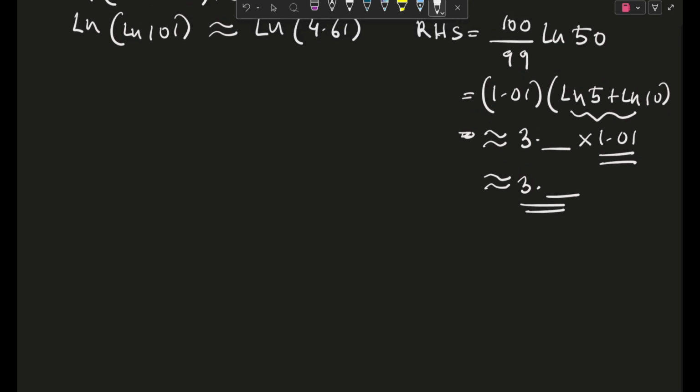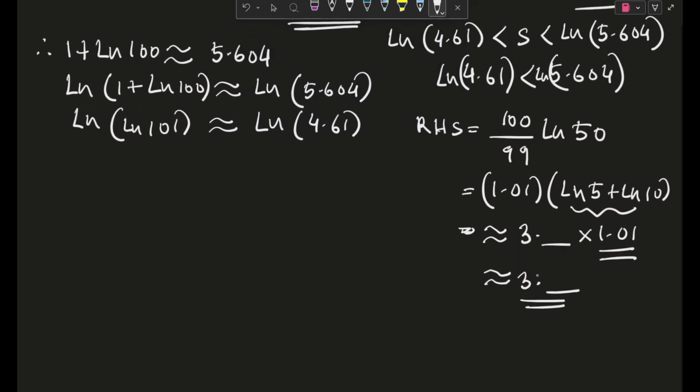Very obvious. So if this value is 3 point something in the RHS, and if you see this value, this is ln of 4.61 and ln of 5.604. Okay, I circled the wrong one. See this, ln of 4.61 and ln of 5.604. And as much as I know, and any student will know who has studied logarithms in class 9th and 10th, ln 4.6 and ln 5.604 will be 1 point something. Maybe 1.4, 1.7, something like that.